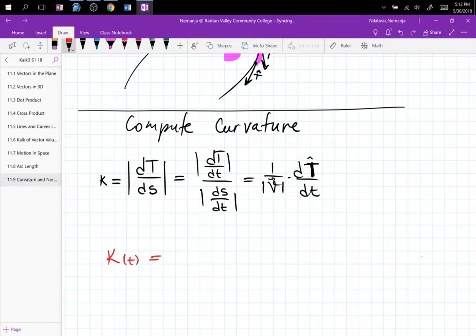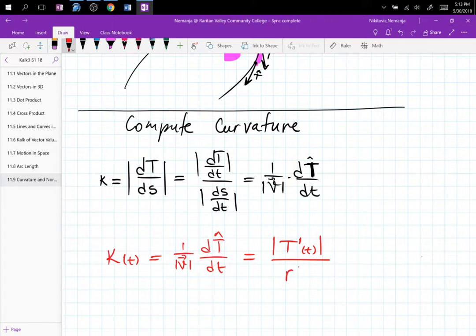So now we have 1 over v, dT/dt, or the better form, the one that we are going to use, is the derivative of T divided by r prime, because we know that's what velocity is. I mean speed, with the absolute values.